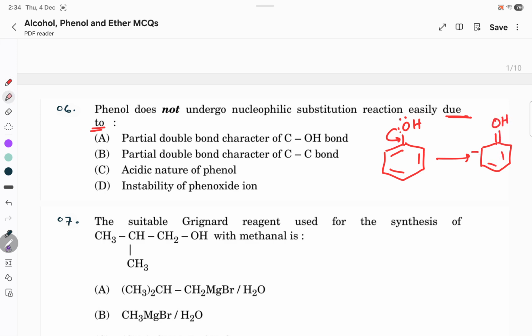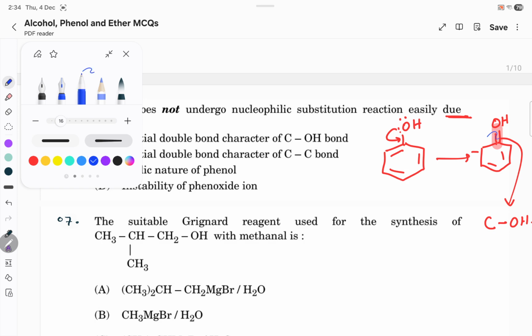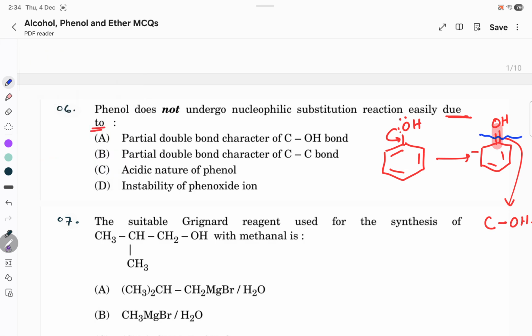Now there is a partial double bond formed between carbon and oxygen. Since it has partial double bond character, breaking this bond is very, very difficult. So partial double bond character of the carbon-oxygen bond is the correct answer.